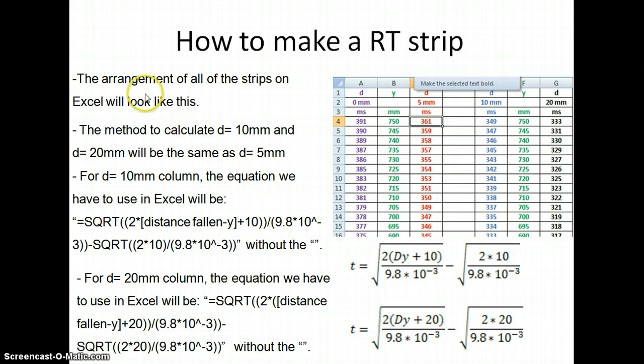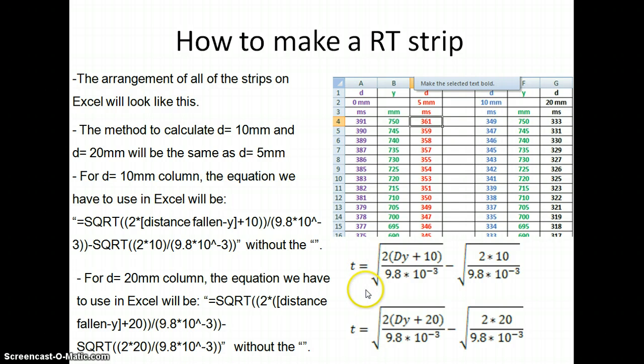Just like that, we can use the same way to make another two strips for d equals 10 millimeters and d equals 20 millimeters. The method to calculate those is the same as for 5 millimeters.